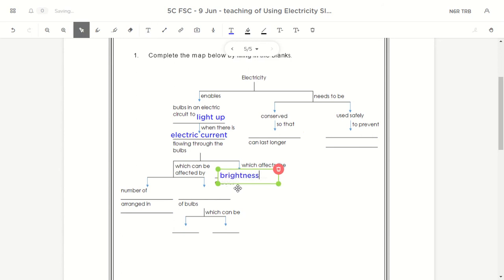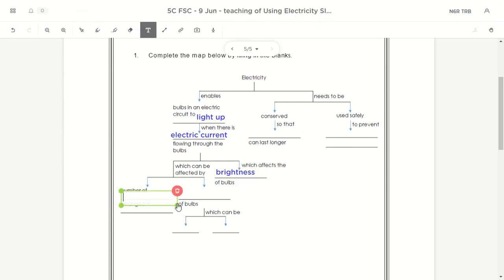The brightness of the bulb can be affected by the number of batteries that you use, and how the batteries are connected. You only learned about connecting batteries in series. So the more batteries connected in series in a circuit, the brighter your bulb is going to get.